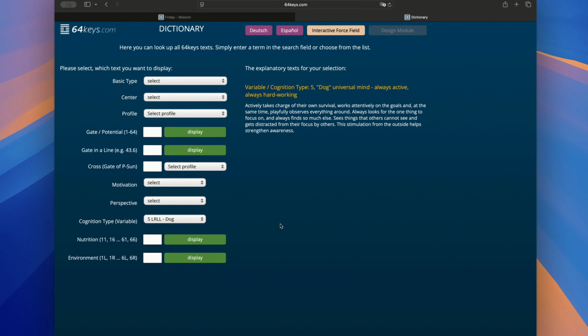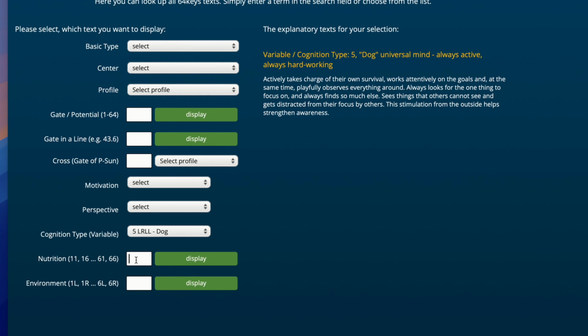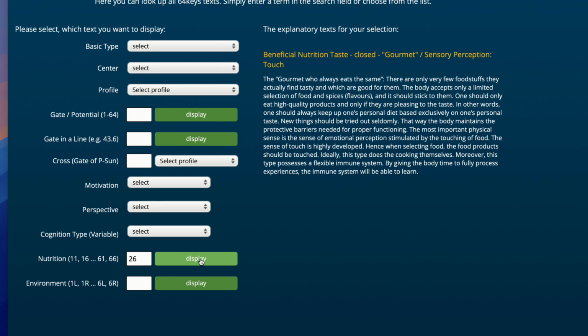And also you can look up information on the PHS, nutrition and environment. Here you simply type in the number of the color. So for example, design color 2 with a tone 6. And here you get the respective text. The beneficial nutrition is here taste closed, or as we call them, the gourmet.